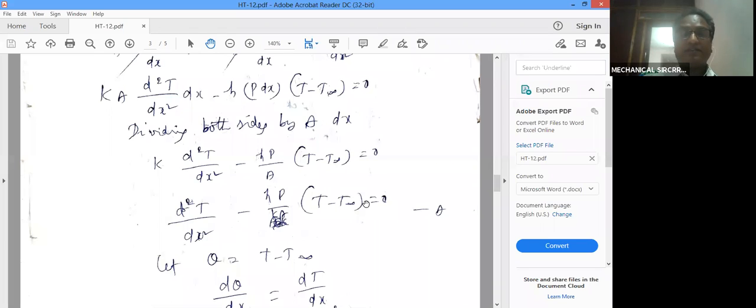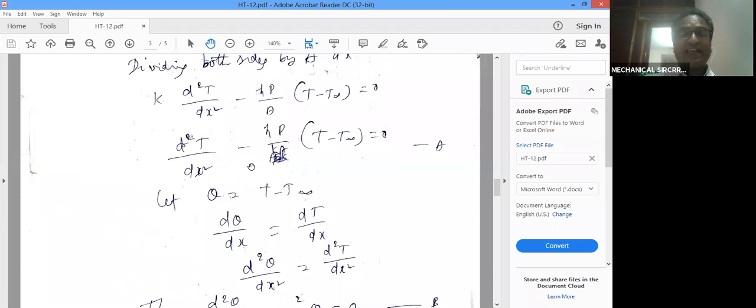This is the final differential equation for the long fin. Very, very important. All of you listen very carefully from now onwards. The equation is d square T by dx square minus Hp by Ka into T minus T free stream equal to 0. Name it as equation number A.